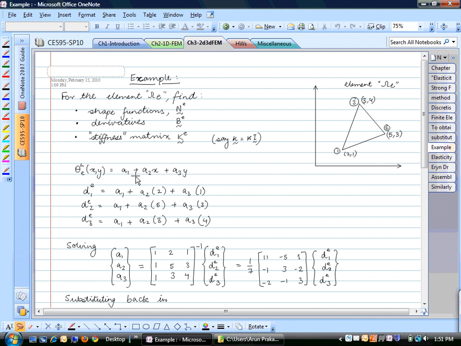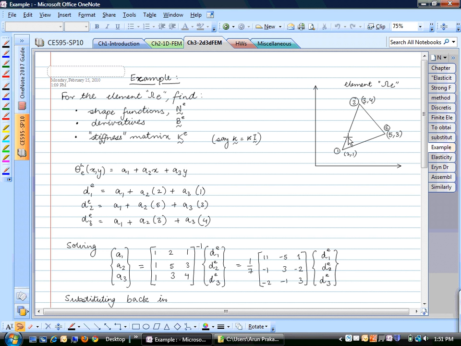So, using these coordinates, we need to come up with the shape functions first. We need to find the expressions for N1, N2, and N3. We are going to use the same procedure that I just told you about for obtaining the shape functions N. We say that the temperature at any general point within this triangle is approximated with our Ritz approximation.